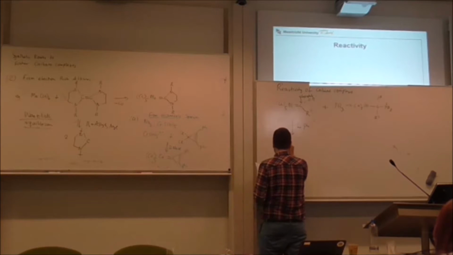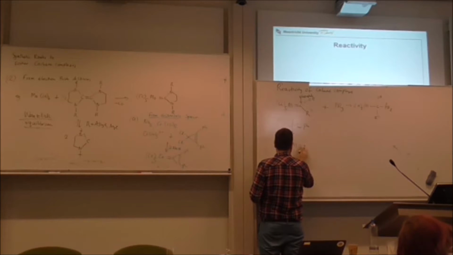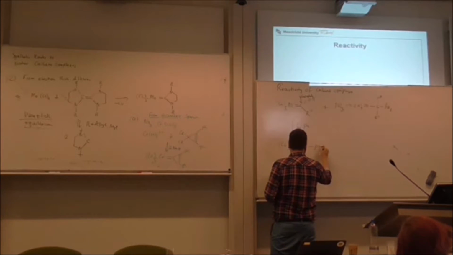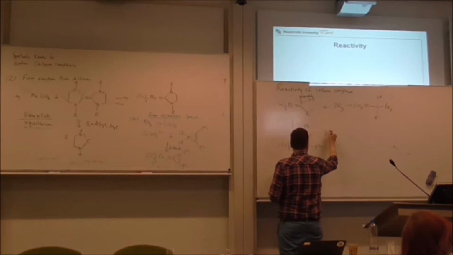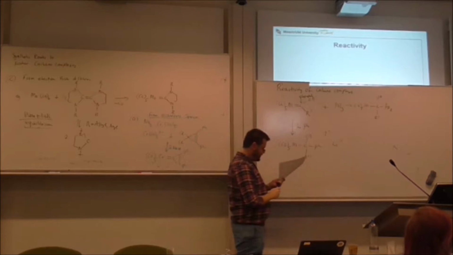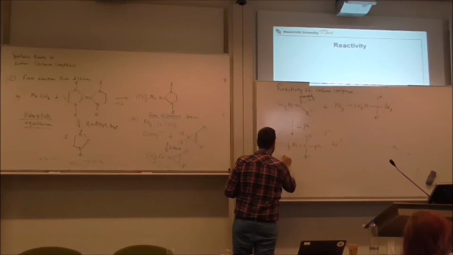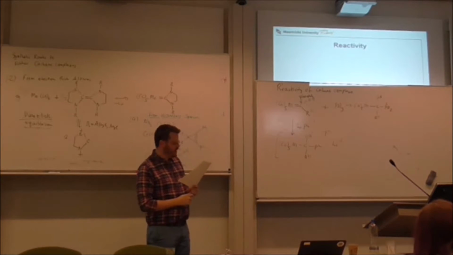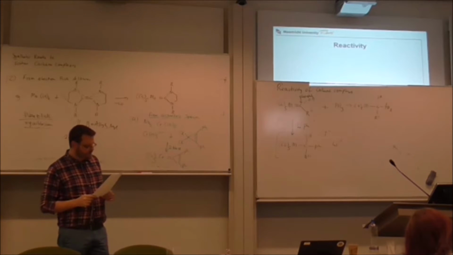What we're going to get, nucleophilic attack on the carbon, you're going to get something like this. A salt. So you basically get an anionic intermediate, right? You get an anionic intermediate.